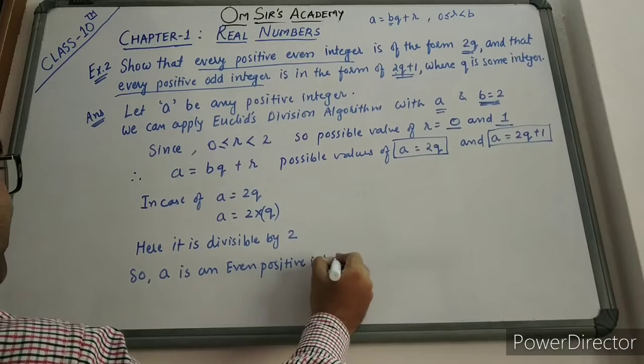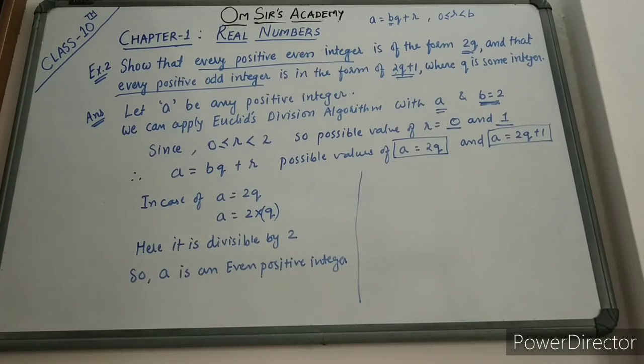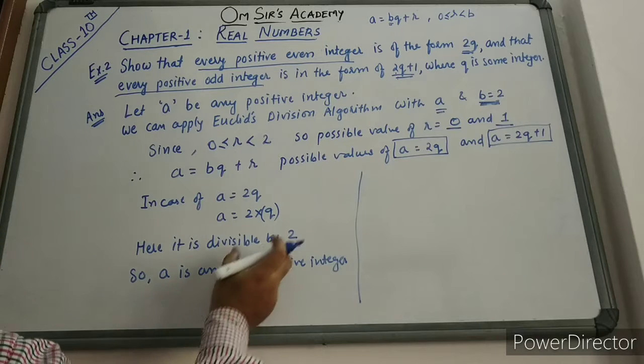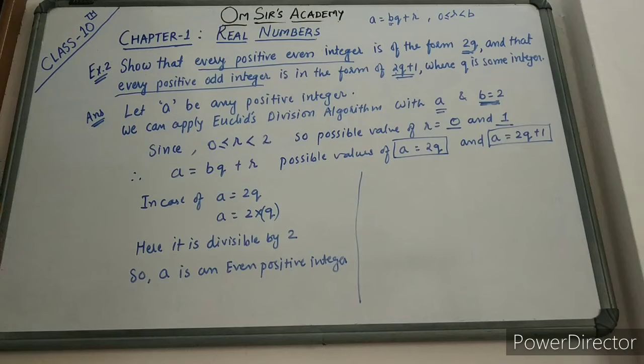This is a simple rule. If the number is divisible by 2, then a is an even positive integer. If you are not taking out 2 common, then it will be an odd positive integer. Why? Because it will not be divisible by 2.